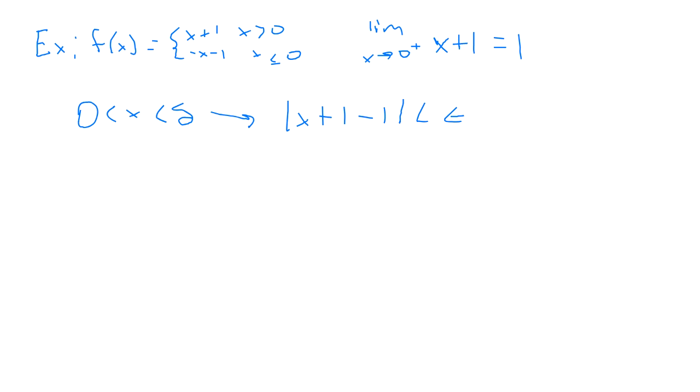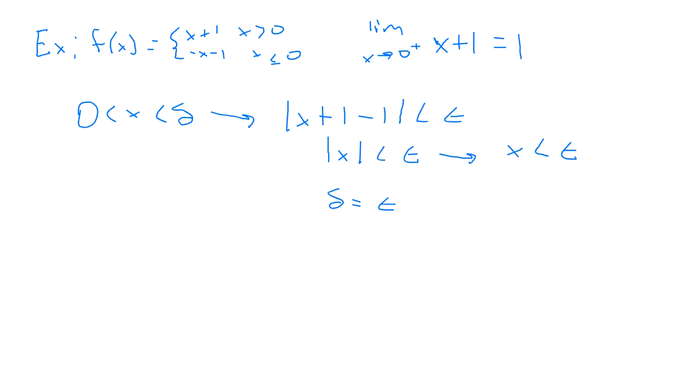So we can take this down to the absolute value of x is less than epsilon. Since we're taking this from the positive side and we know x is positive, we can just say x is less than epsilon. So now we see that x is less than our delta and x is also less than our epsilon, so we can guess that our delta equals our epsilon.